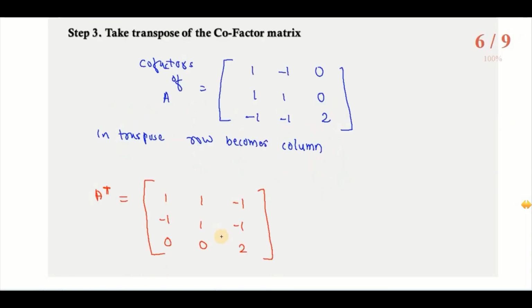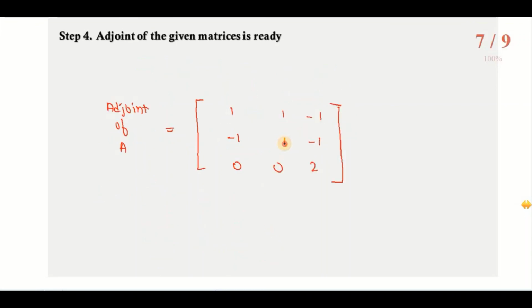So here we have taken the transpose and we got the adjoint of this matrix A. That is our final answer. So this is our adjoint.